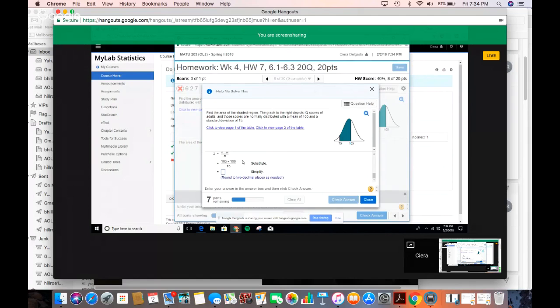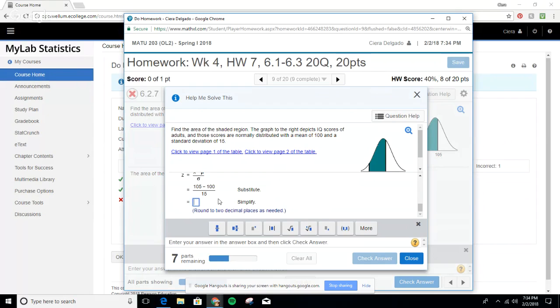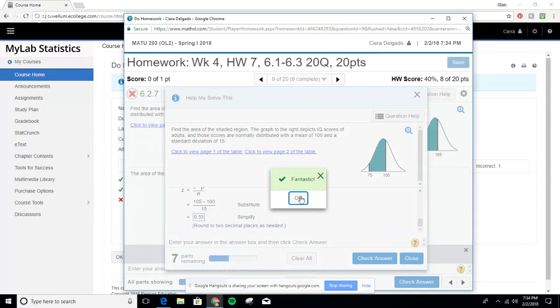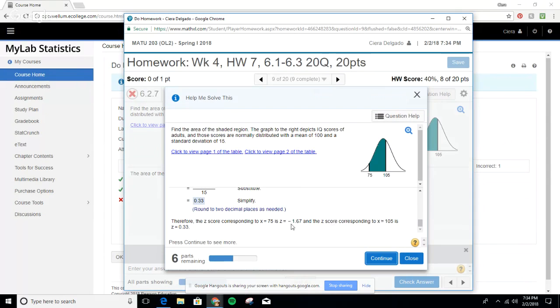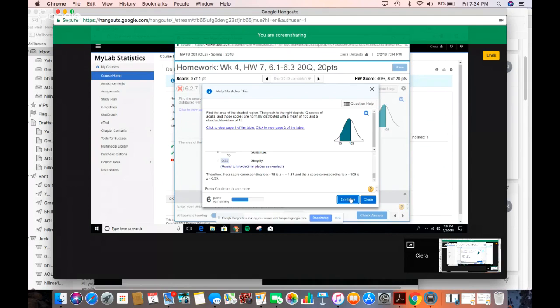Yeah, so 5 divided by 15 would be 0.33, positive. Okay. And therefore, the z-score corresponding to x equals 75 is z equals negative 1.67. Okay, we got those answers. Perfect.